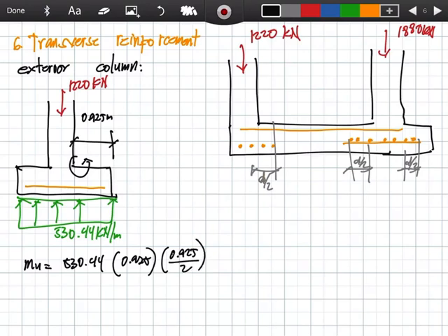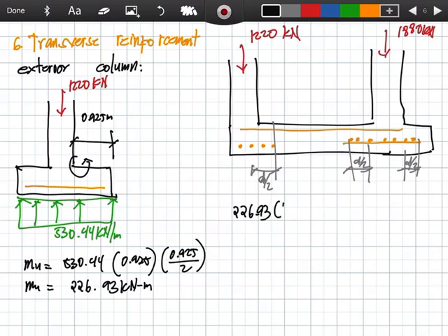So 0.925. Ang MU natin ay 226.93 kilonewton meter.